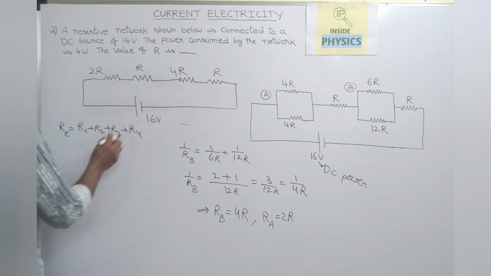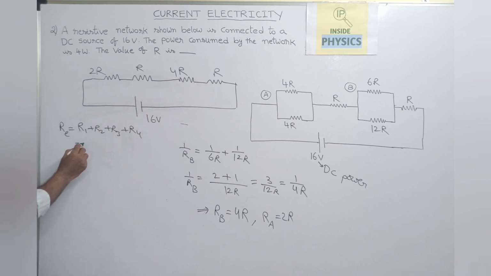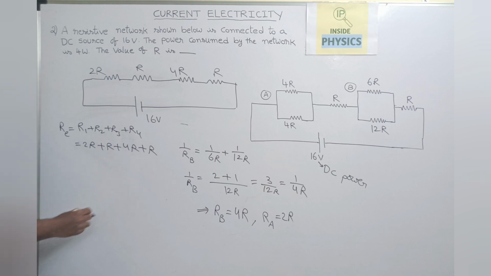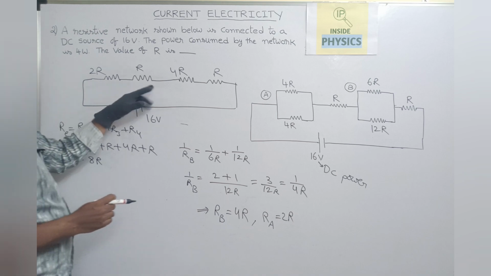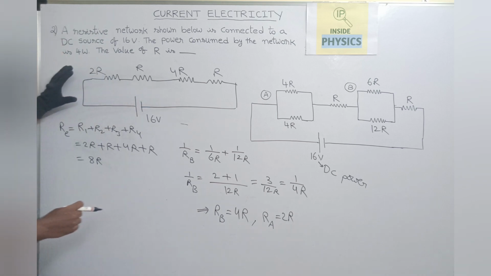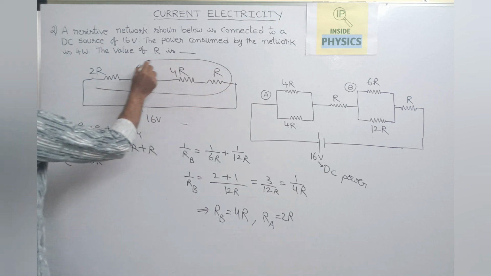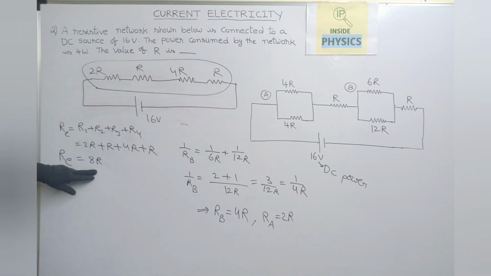So all the resistors are added: 2R plus R plus 4R plus R. How much will this become? 8R. So the total effective resistance of this circuit is 8R.